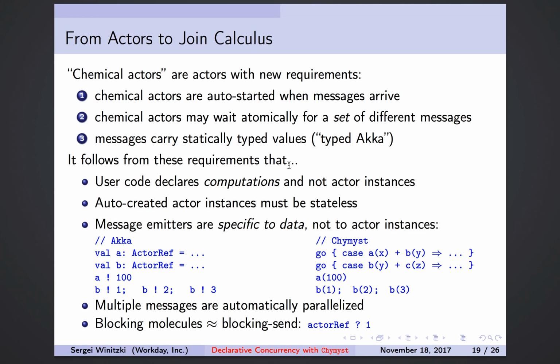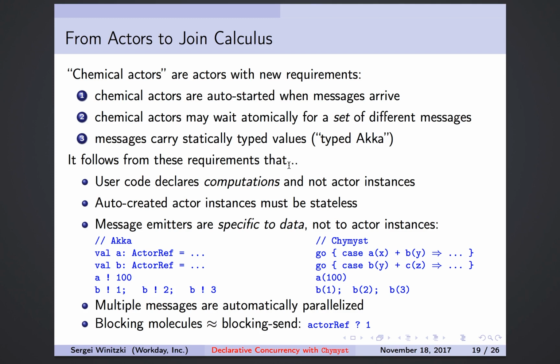Also, automatically created actor instances must be stateless. Since they're created automatically, there's no need for or no possibility for them to have persistent state. Each actor instance is created and then destroyed.